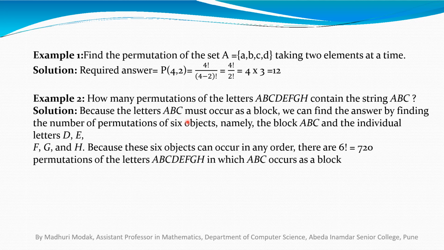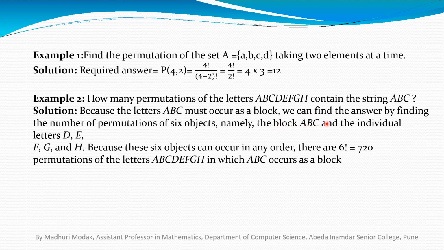And so here we consider ABC as one block and the individual letters D, E, F, G, H as the remaining letters. So how many letters are remaining? 5 letters are remaining. And as ABC should be in the same order, we consider it as one block, one letter.